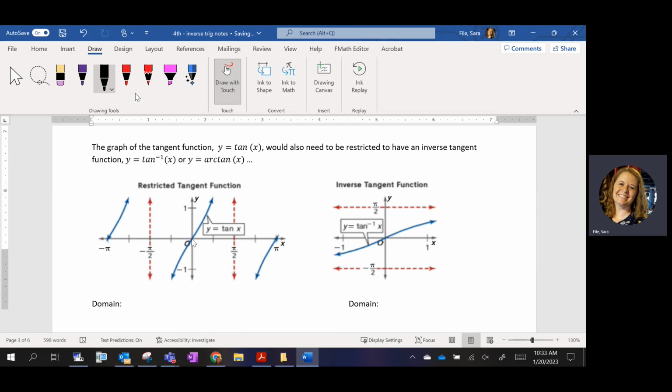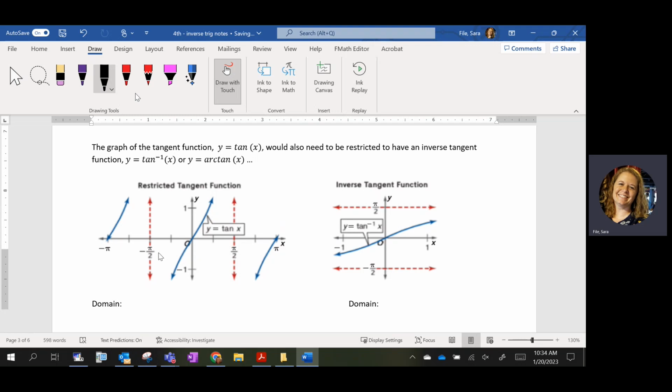But it had the same zeros as sine. When sine was 0, tangent was 0. So it increases left to right between the asymptotes, and then it kept repeating, right? So again, if I flipped this and I had all of those repeated pieces, it would fail the vertical line test. So I have to restrict it to just between two asymptotes.